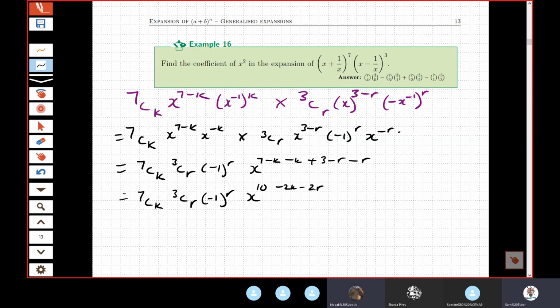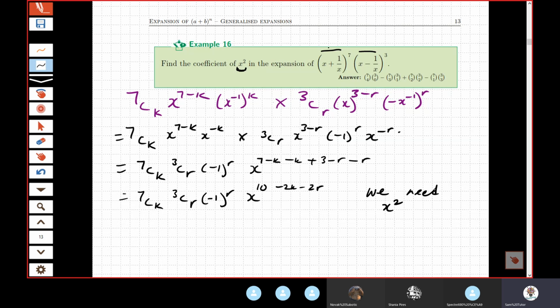Yeah, I do. Now we need x squared. We need x squared. Again, Novak, I'm going to pick on you for a second. X squared. If you were thinking of the expansion of this multiplied by the expansion of this, how would you get x squared?